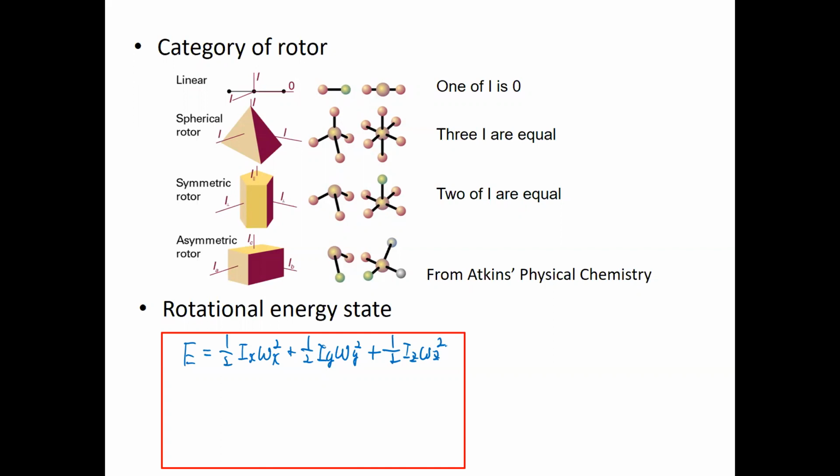And you can convert this equation like JX squared over 2IX plus JY squared over 2IY plus JZ squared over 2IZ, and you can define J equal I omega, which is angular momentum.